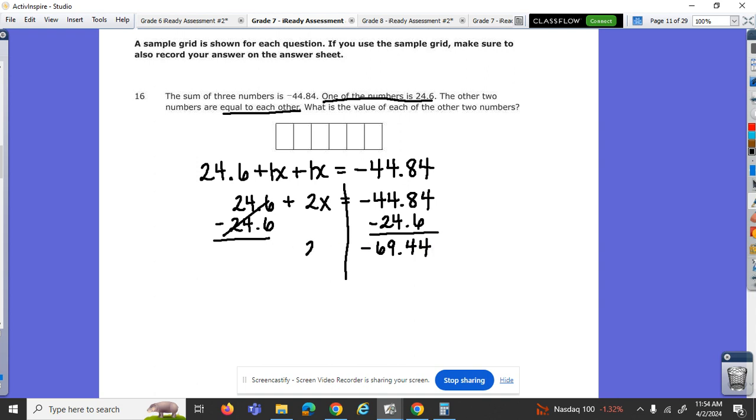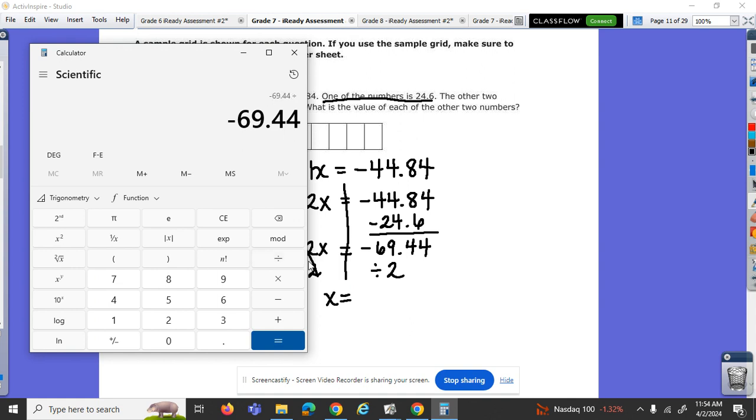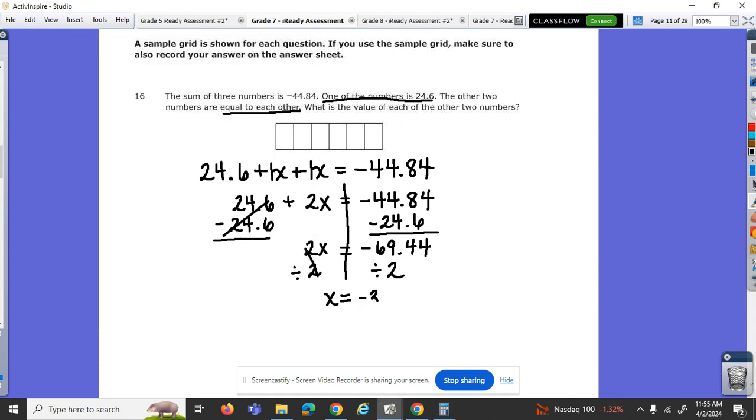And now we'll need to divide it by 2, of course. Right, negative 34.72 is our answer.